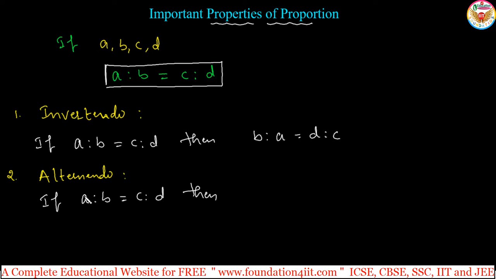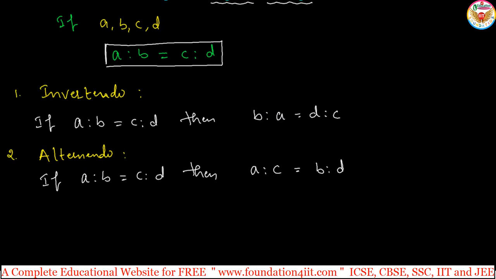The antecedent with antecedent, that means A is to C is equal to B is to D. If this exists, this will also exist. Just remember according to the words, it is easy. Invertendo is just reverse, change the position, reciprocal. And alternando is antecedent with antecedent, join and make one ratio, the other two in another ratio.